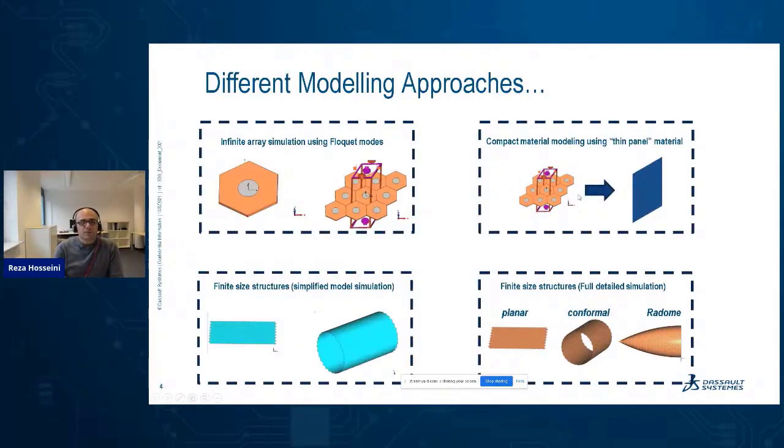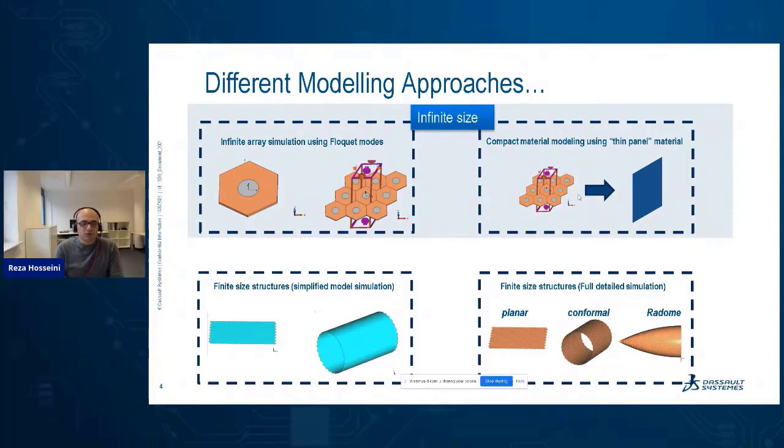Before going to the cases, there are some slides at the beginning that I would like to draw your attention to. One of them is about the different modeling approaches that we have inside CST to address these problems. One is for infinite size.